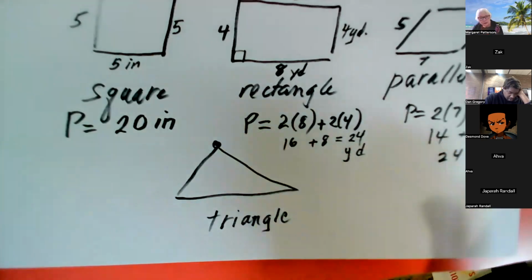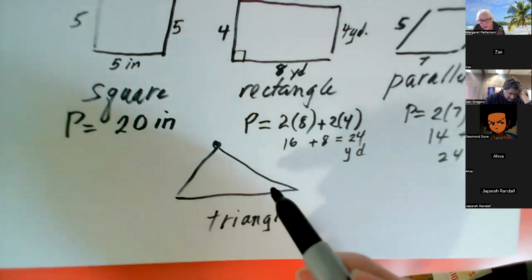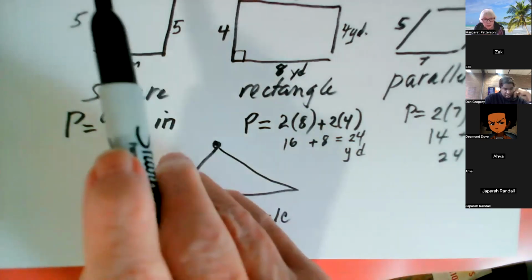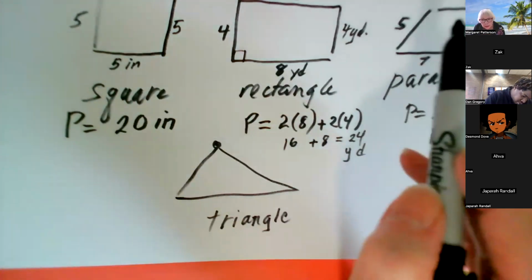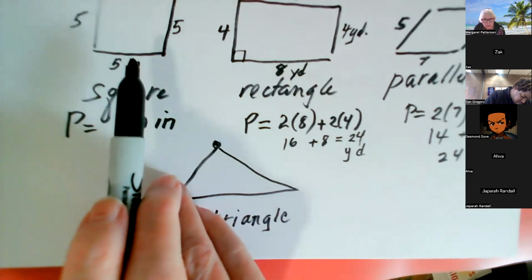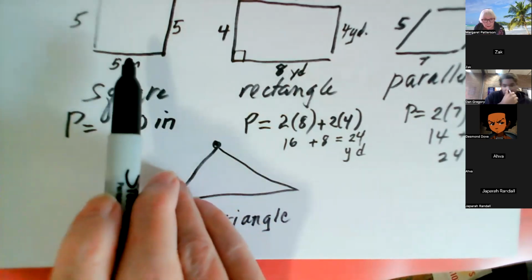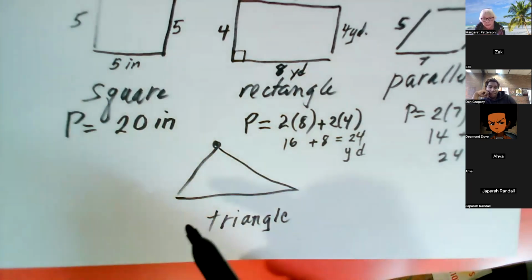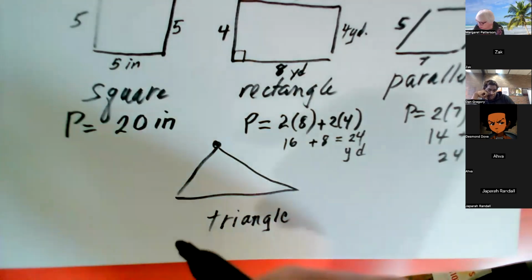And this one is the most obvious. With a triangle, there's no telling if any of the sides match. Whereas here, these 3, you have matching sides, remember? Opposite sides were the same, and in the square, they were all the same. But in a triangle, everyone could be different.